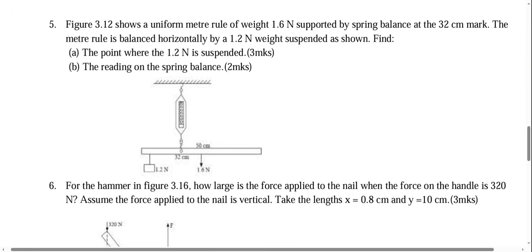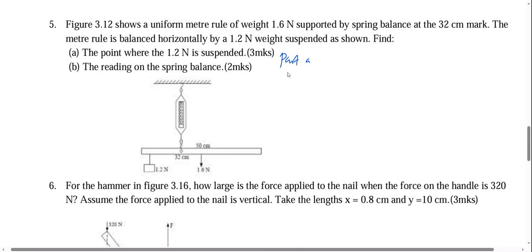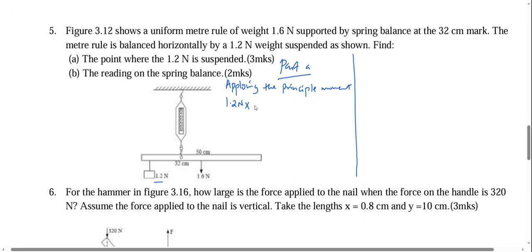So for part A, this is what we will do. Applying the principle of moments, we have the 1.2 Newton on the anti-clockwise direction, 1.2 Newton multiplied by its distance right from this mark here to the 32 centimeter mark.